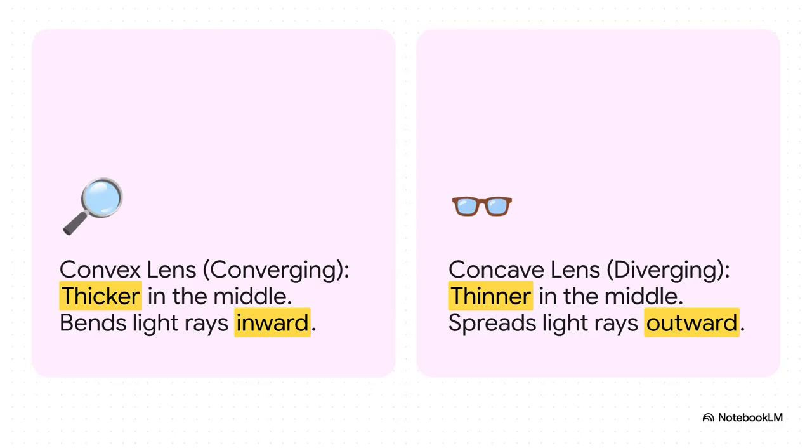And we can harness this bending with tools we call lenses. A convex lens is thicker in the middle, and it converges light, bending those parallel rays inward to a single point, like a magnifying glass. A concave lens, on the other hand, is thinner in the middle, and it does the opposite. It diverges light, spreading all those rays outward.